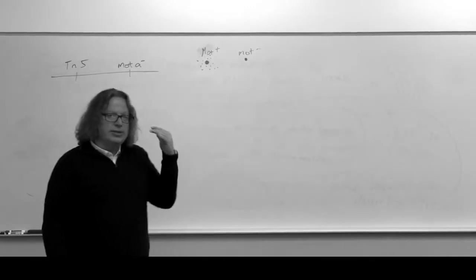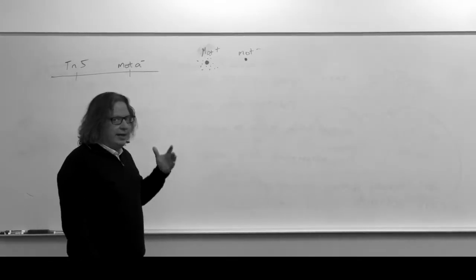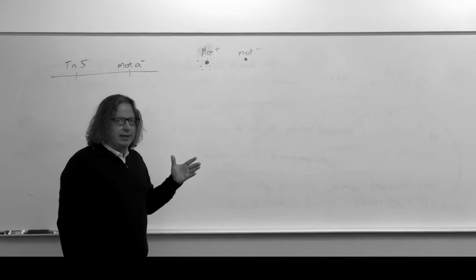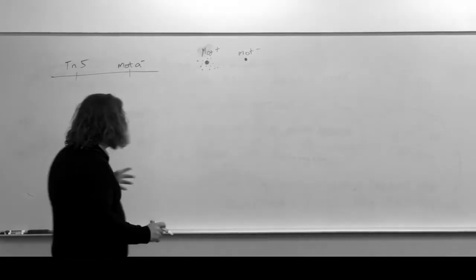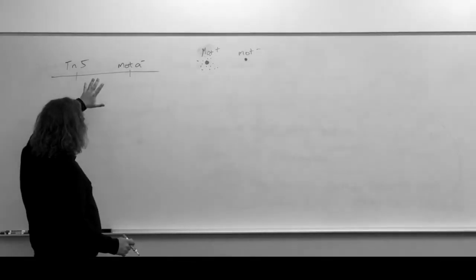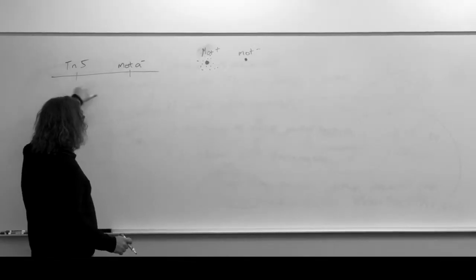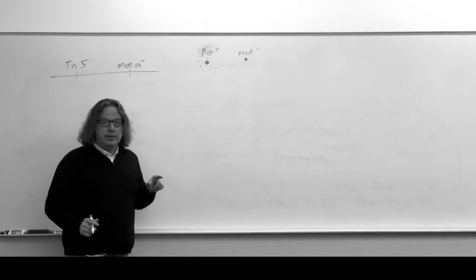So it's something we can screen for. We can actually look at bacteria and see have they gained the ability or lost the ability to move or migrate. So say we have a bacteria that has TN5 next to this mutation.